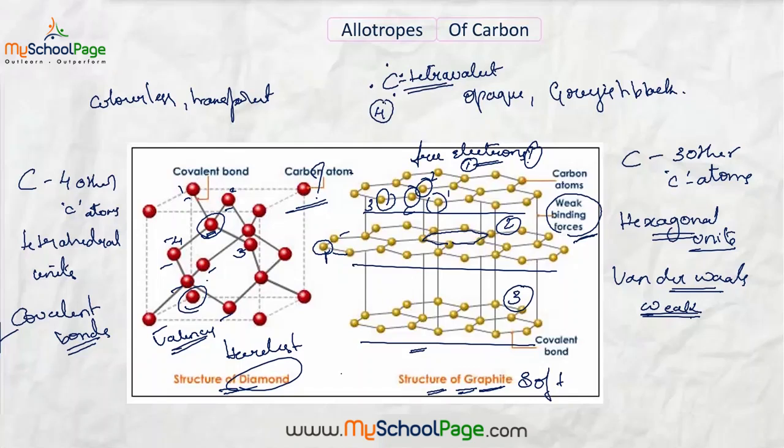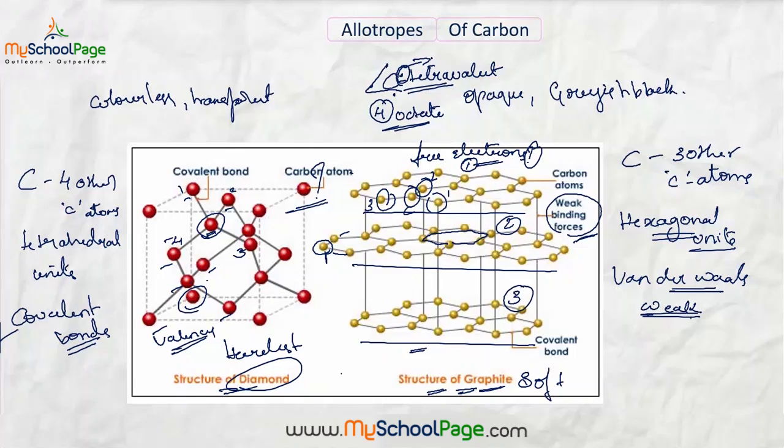So it needs 4 more electrons to complete its octet structure. So how many electrons are shared now by the formation of hexagonal rings? It is only 3. So there is one lone electron left without bonding, which is responsible for the electrical conductivity of graphite. Graphite conducts electricity because of the presence of free electrons.